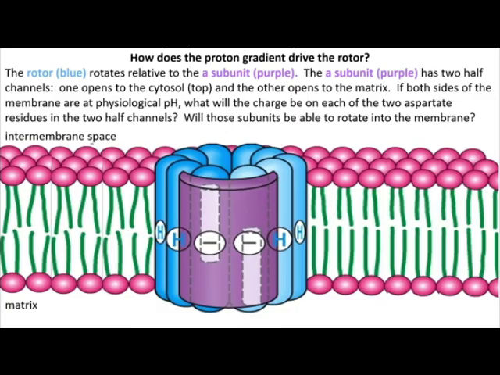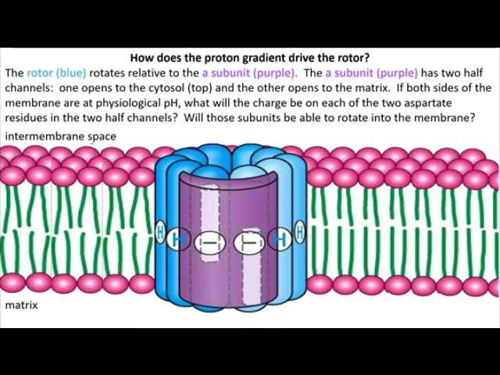In the intermembrane space? Yeah, so most of the protons are there. So which of the two negative signs here, aspartate residues, is most likely to grab a proton and become neutral? The one exposed to the intermembrane space? Yes. So now, every one of you, I want you to think, looking from the top of it, which way will this rotor turn?